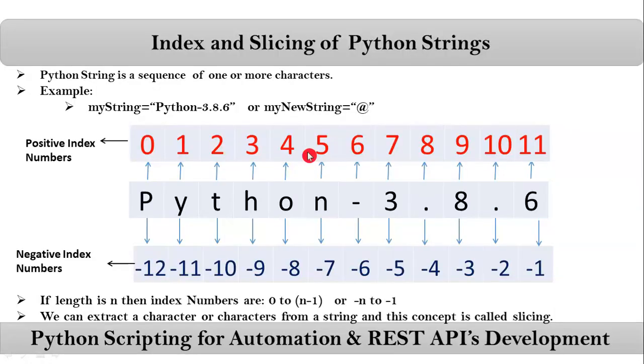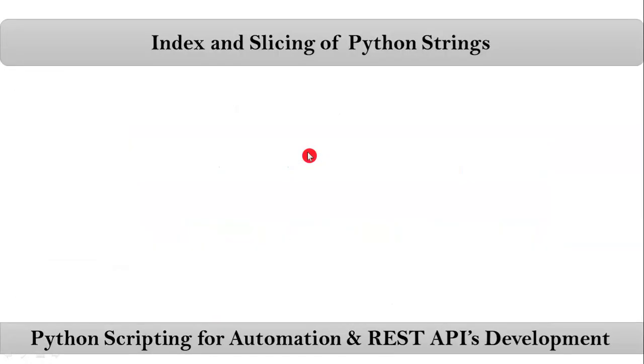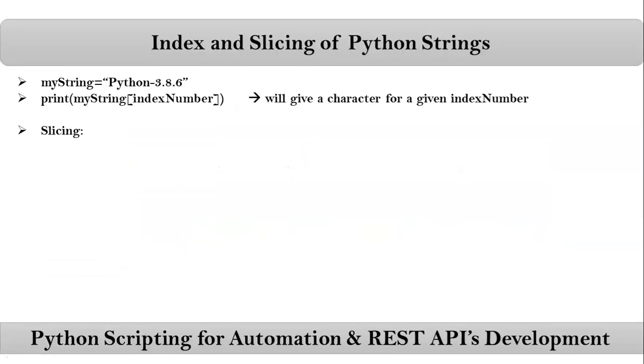That's fine. Now let me go with your next concept, that is slicing. Slicing is nothing but extracting a substring from a given string, or extracting a sequence of characters from a given string. If you go with an index number using this syntax, you are able to get only one single character.